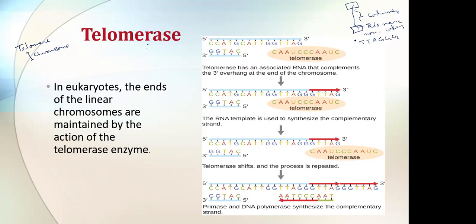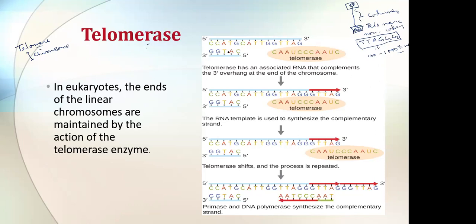This is the sequence, this small 6 nucleotide sequence. It repeats 100 to 1,000 times at both ends, this area and this area. Now if it breaks, it breaks the non-coding sequence. We are not actually going to lose any coding sequence. That's the purpose of having this telomere part, the end part of the chromosome.